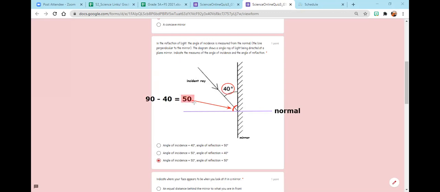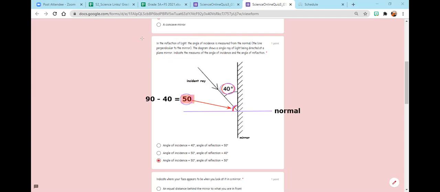How did I know? I calculated it. How did I do this? I know that the normal is perpendicular to the mirror. So all of this is 90, and this one took 40. So there will be 50 degrees left for the angle of incidence.